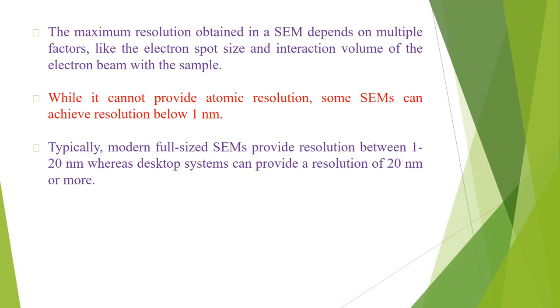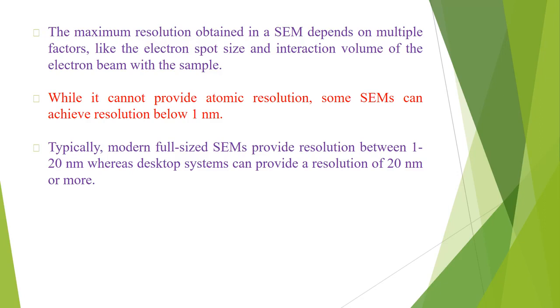Dear student, the maximum resolution obtained in a scanning electron microscope depends on multiple factors like the electron spot size and the interaction volume of the electron beam with the sample. While it cannot provide atomic resolution, some scanning electron microscopes can achieve resolution below 1 nanometer.